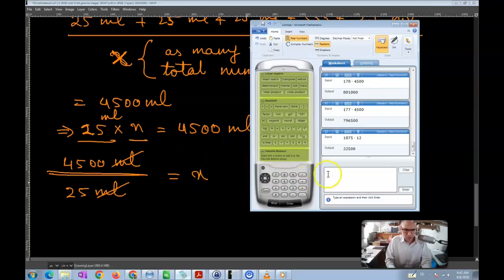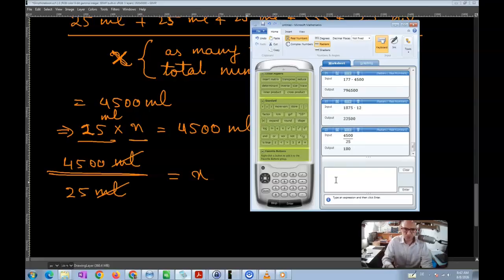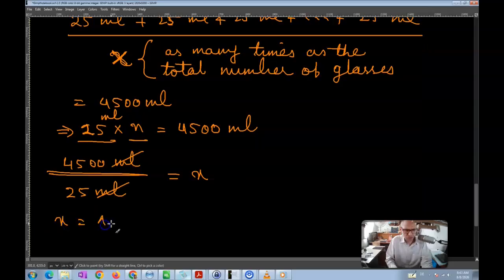So 4,500 divided by 25 is going to be 180. So x is going to be 180. That's exactly the number of glasses that you can fill using 4,500 milliliters of curd, given that the capacity of each glass is 25 milliliters.